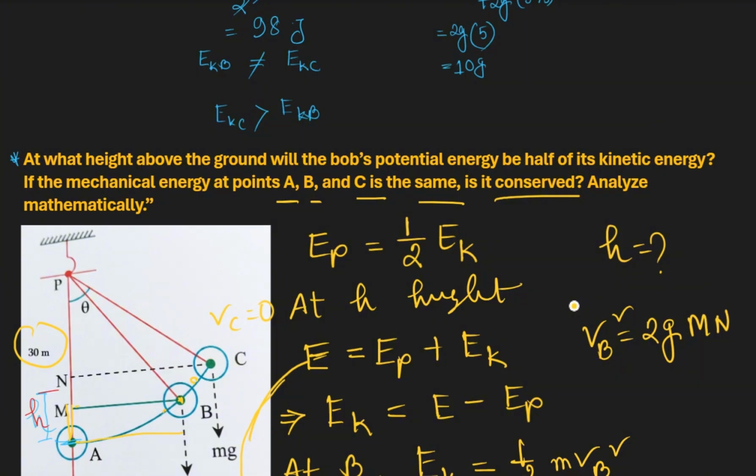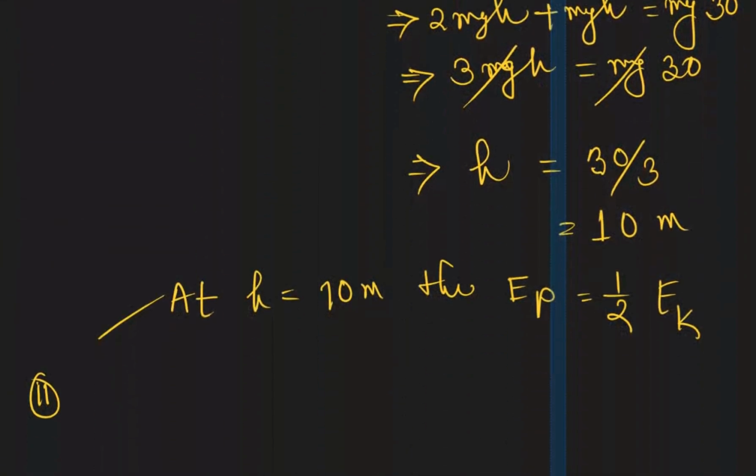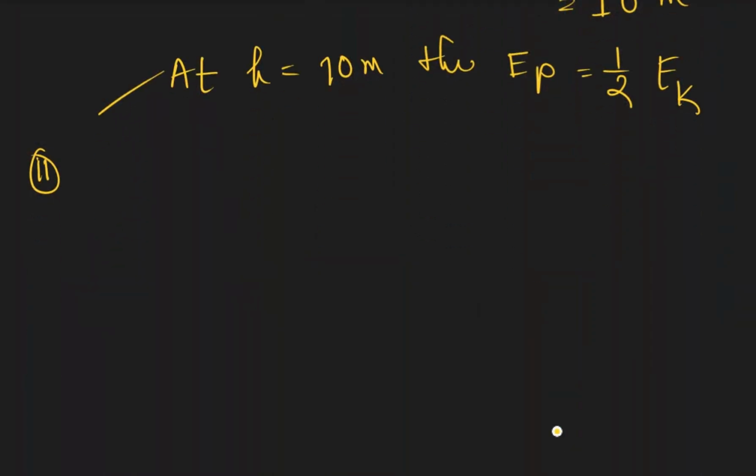We have to analyze this concept mathematically. So we have to determine the total energy at A as well as B and C. So at A point, the total energy E is equal to EP plus EK.